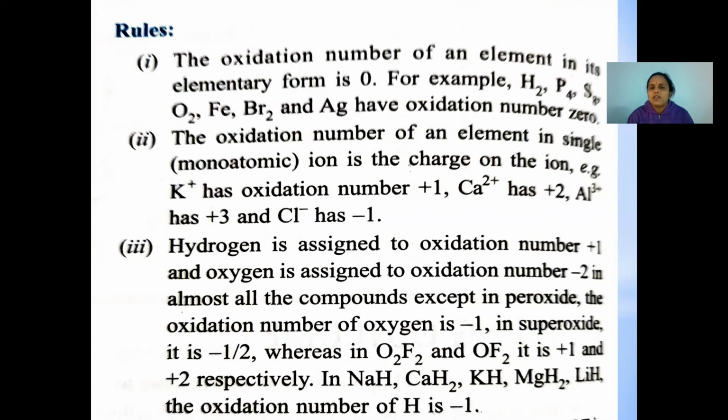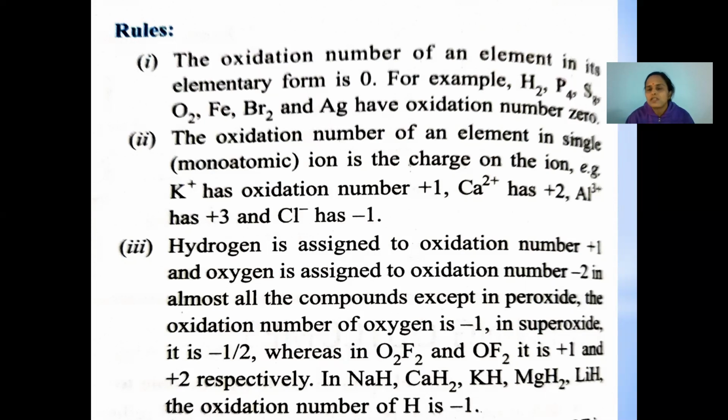The oxidation number of an element in monoatomic state or in single ion is the charge on the ion. Example, K+ is having oxidation number of +1. Ca2+ has got an oxidation number of +2. Al in +3 state has +3 oxidation state. Cl- has -1 oxidation state.